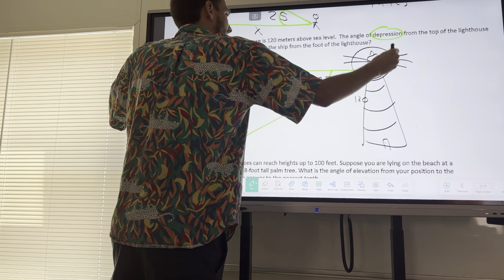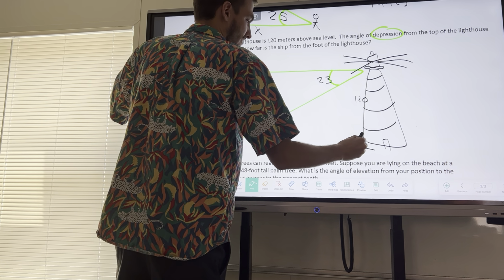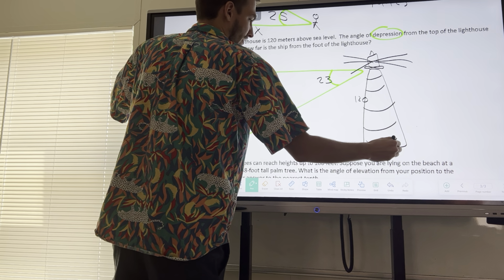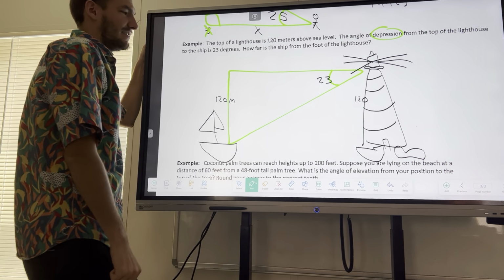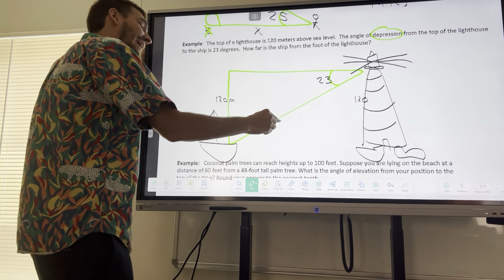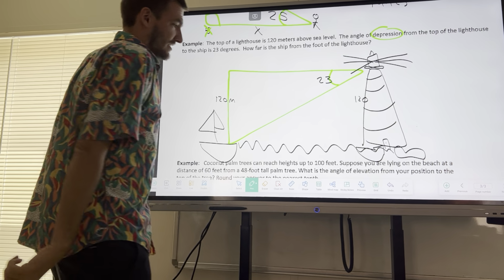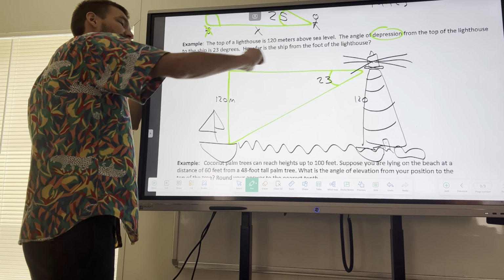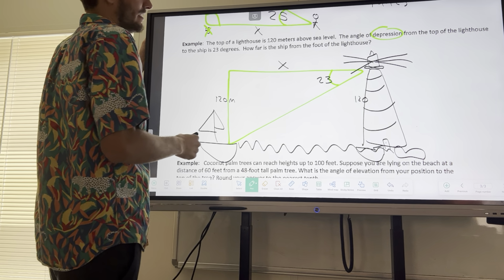Are the feet of the lighthouse up here? No, the feet of the lighthouse are down here. So we actually want this distance. Is that the diagonal or is that the flat at the top? It's going to be the flat at the top. So this is what we're looking for.